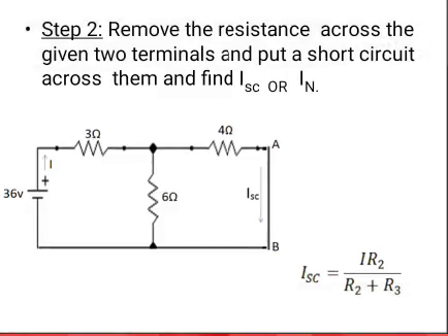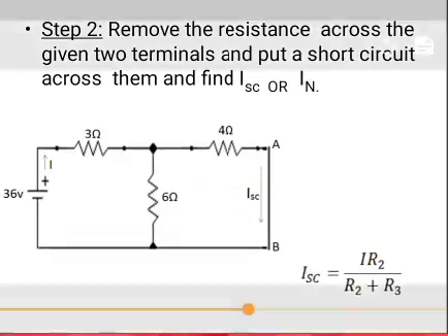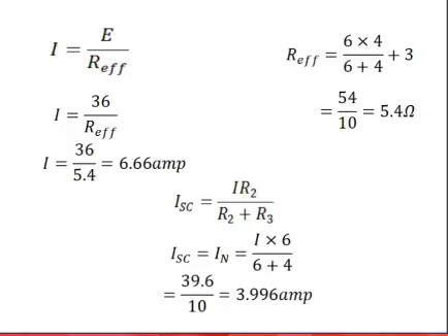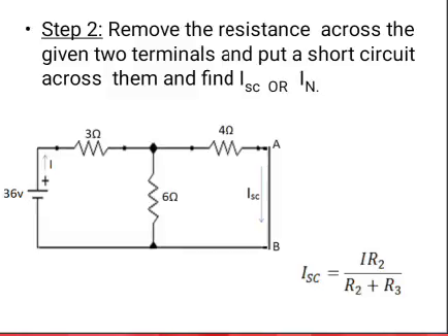Remove the resistance across the given two terminals and put a short circuit across them and find ISC or IN. You know, ISC equals I into R2 divided by R2 plus R3.